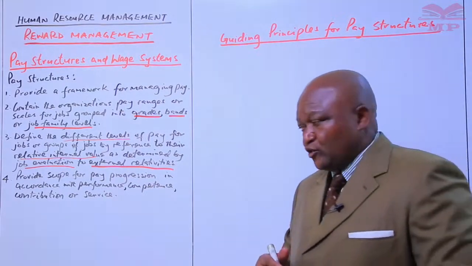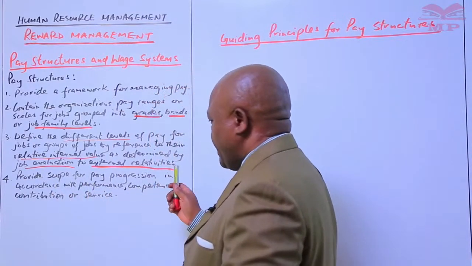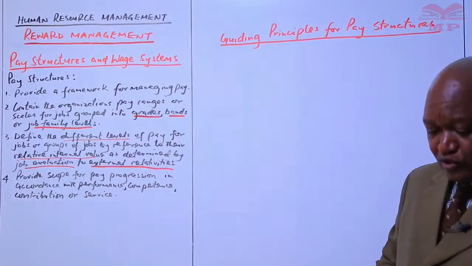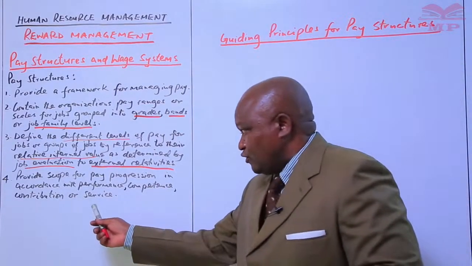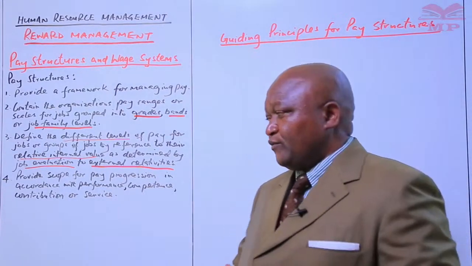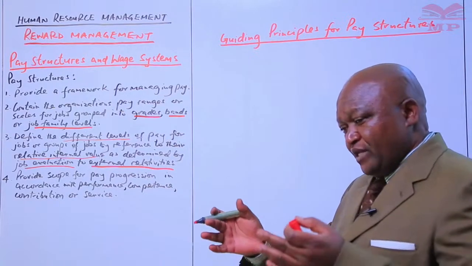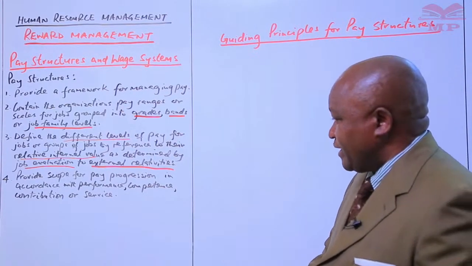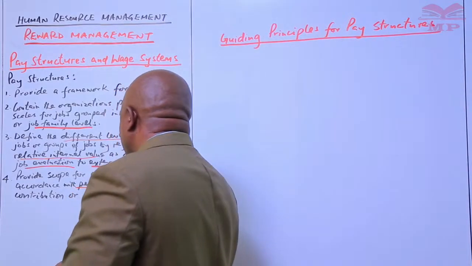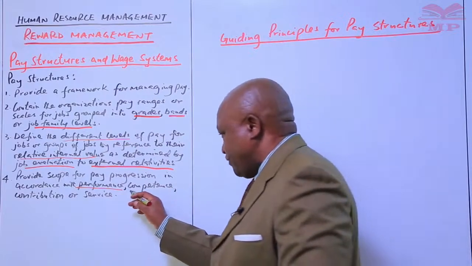And then pay structures also provide the scope for pay progression in accordance with the performance, competence, contribution, or service. What this 4th point helps an organization to do is this: you may have 2 different employees, and though they may have been employed at the same time and are in the same grade, their progression will depend on the performance they have given to the organization, their competence.